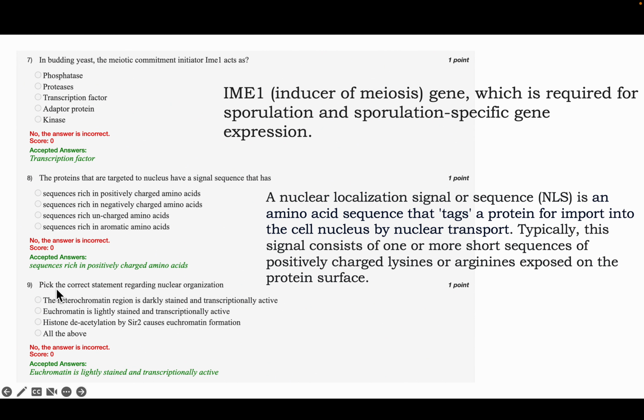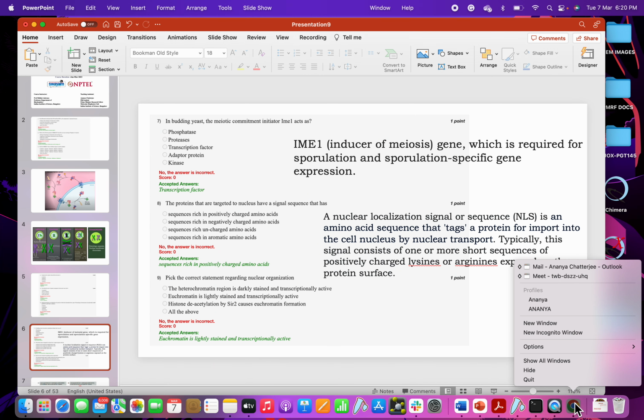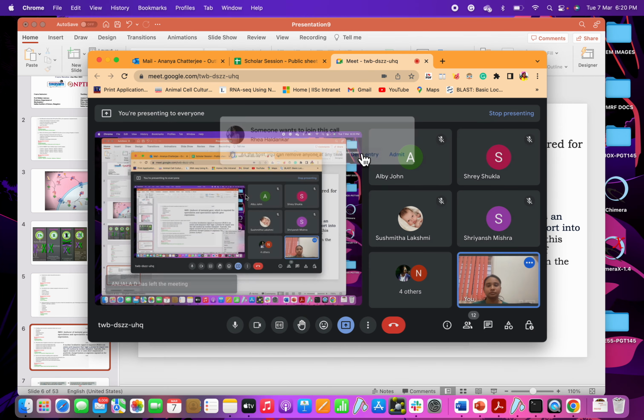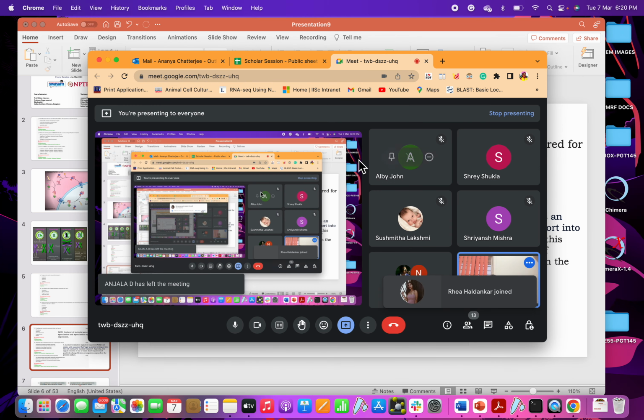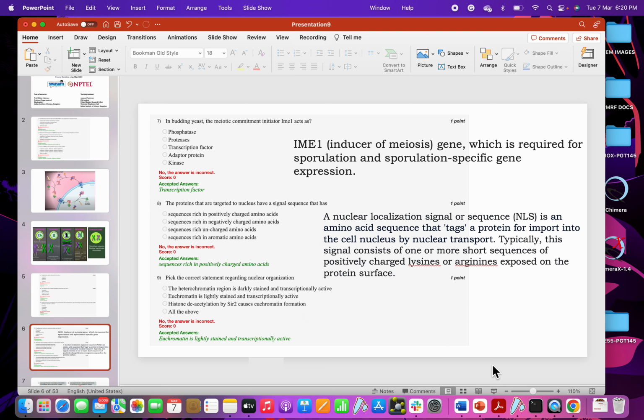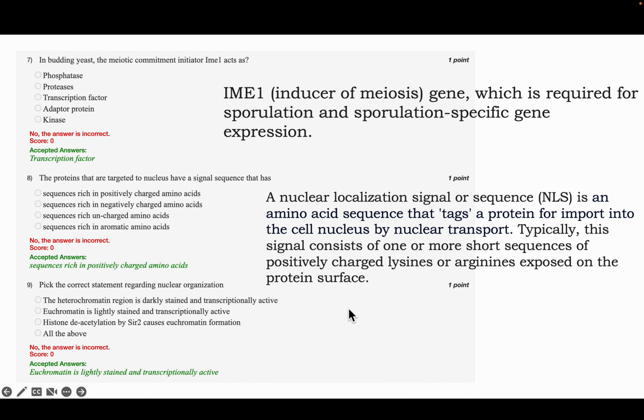The next question is, pick the correct statement regarding nuclear organization. Heterochromatin region is darkly stained and transcriptionally active. Euchromatin is lightly stained and transcriptionally active. Histone deacetylation by SIR2 causes euchromatin formation.